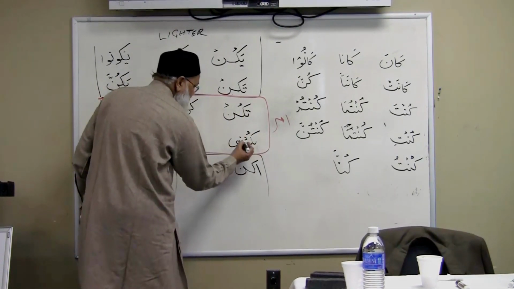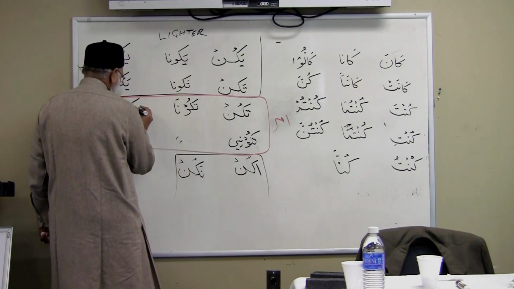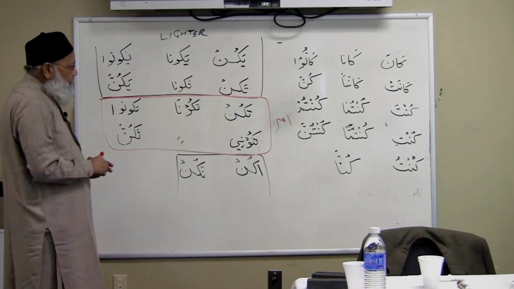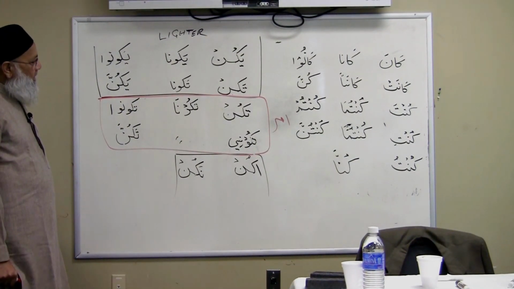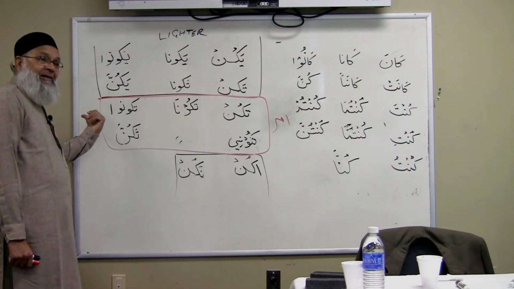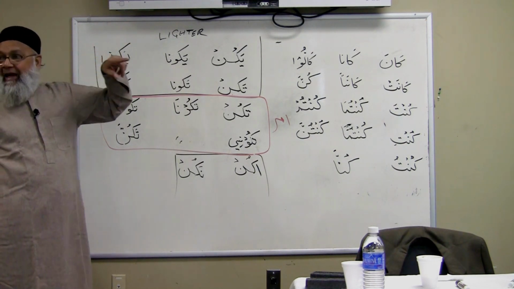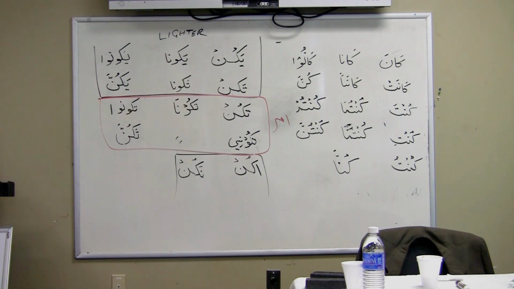Takun, takuni, takuna, takunu, and takunna. Wala takunanna will be the singular form now, and takununna will be the plural form. That was the difference in the heavier chart. The singular masculine was with fatha, and the plural masculine was with dhamma. The only difference was this.